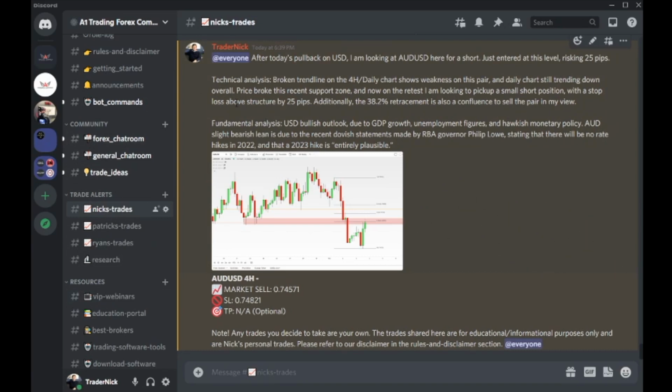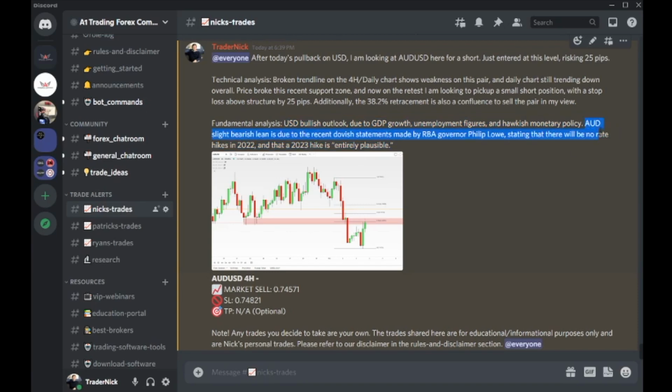So yeah, I already covered the technicals, pretty much loved that retracement to the 38.2, the downtrend overall. And from a fundamental perspective, I haven't talked about this yet, but let me add this detail here. Recently I've been very bullish on the dollar. Maybe in the future I'm not going to be so bullish on the dollar, but right now I am. GDP growth bounced back, unemployment figures are looking pretty good, and the Fed currently has a hawkish monetary policy stance, right?